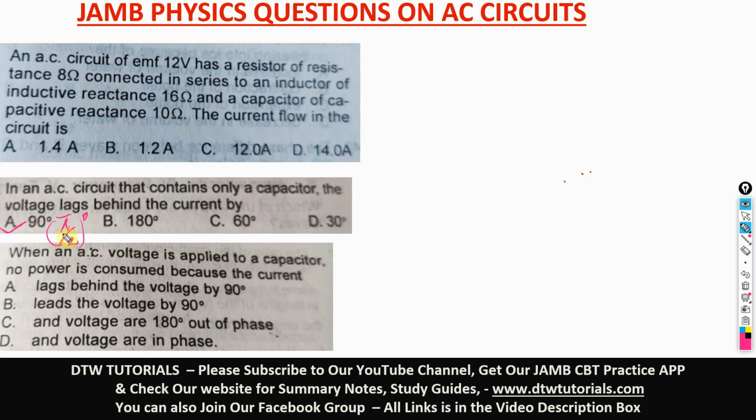Pi is 180, and 180 divided by 2 is 90. So in a circuit containing only a capacitor, voltage always lags behind the current, and the phase angle is 90 degrees. But for an inductor, in a circuit that contains only an inductor, it is not voltage that lags, it is current that lags behind voltage.